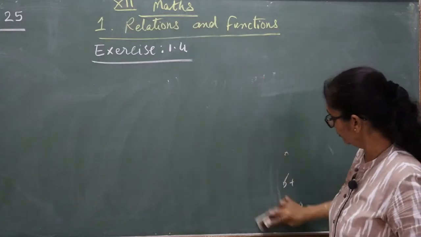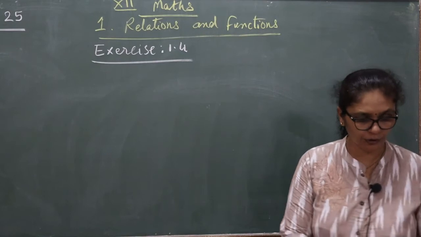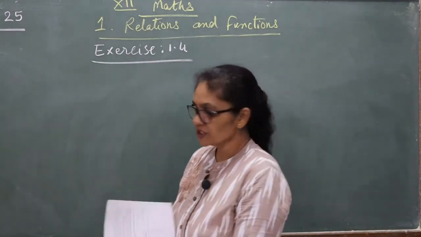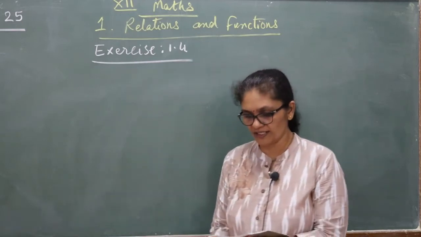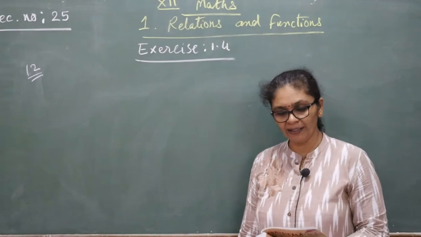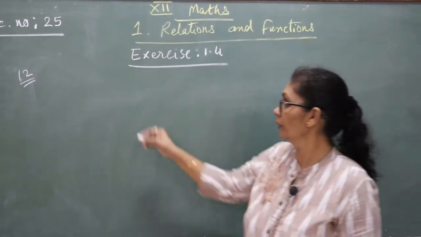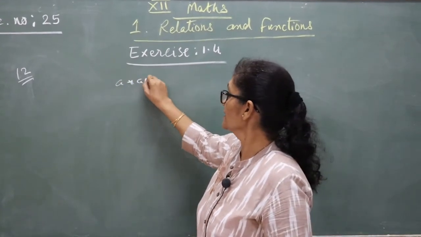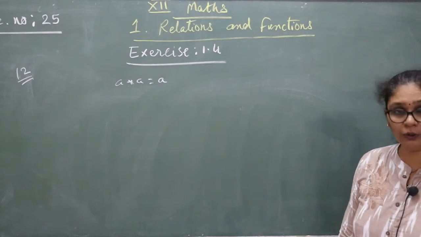Now let's come to the 12th question. What is your 12th question? Read it in your textbook. The 12th question is a short question. You have to check: two statements are given. Is each right or wrong? Read the first: for a binary operation on N, A asterisk A equals A. When we started binary operation, what did you learn?